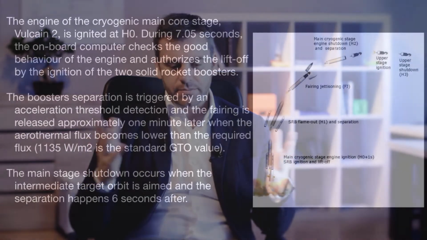When this accelerometer sees that the thrust is going down, which means the boosters have stopped giving thrust and are becoming dead weight, it triggers the separation of the boosters. So the boosters are used only for the time in which they give you thrust. They give you the force to take off from the pad, but after that they are separated, okay?